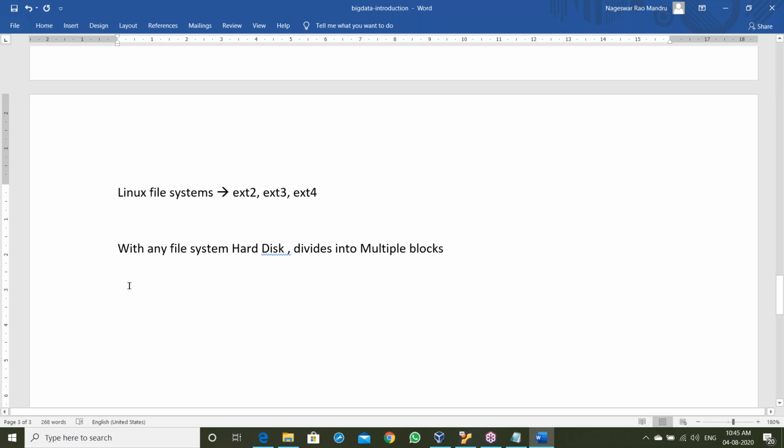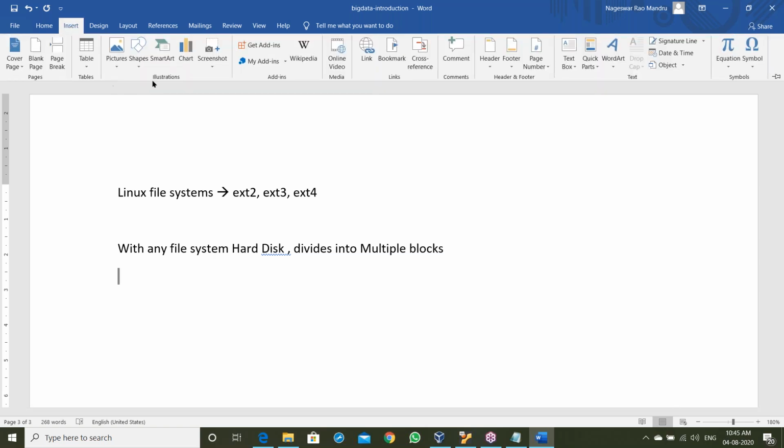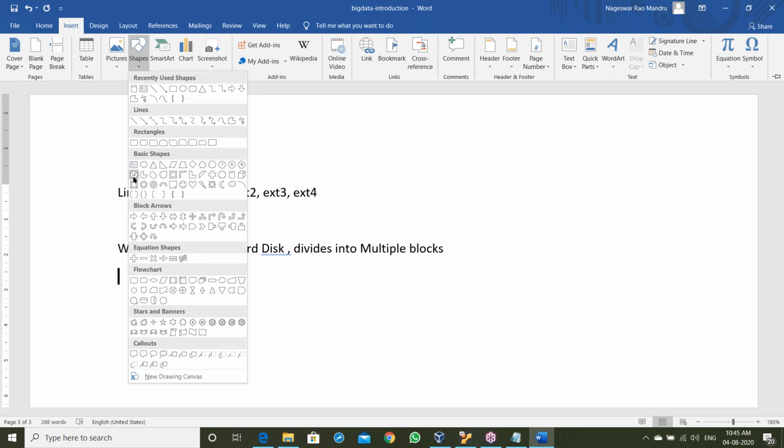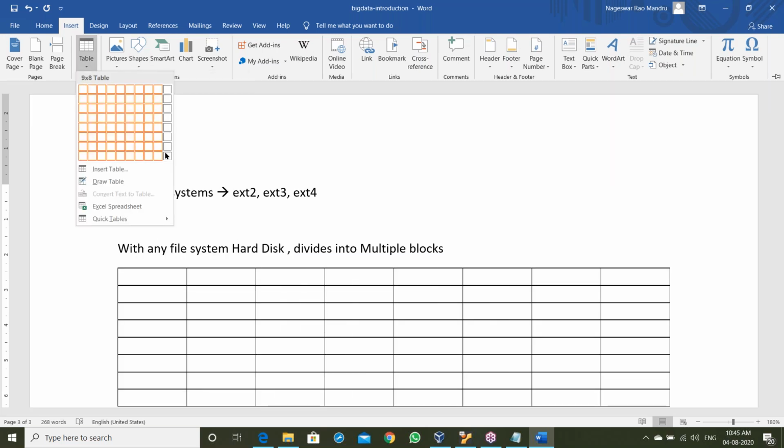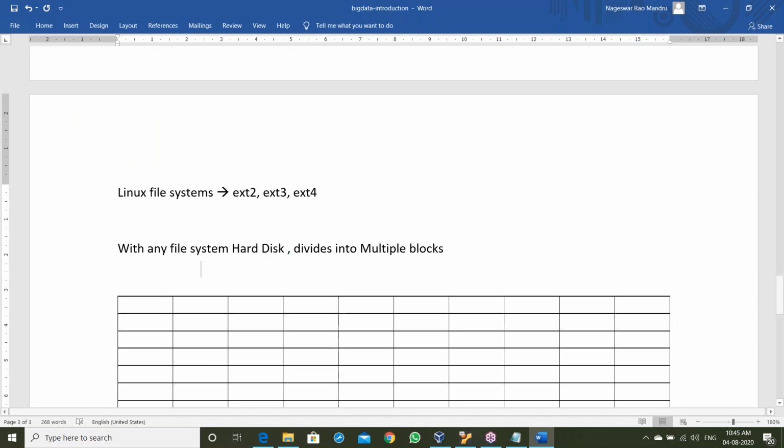What is a block? Let us see. This is the hard disk.